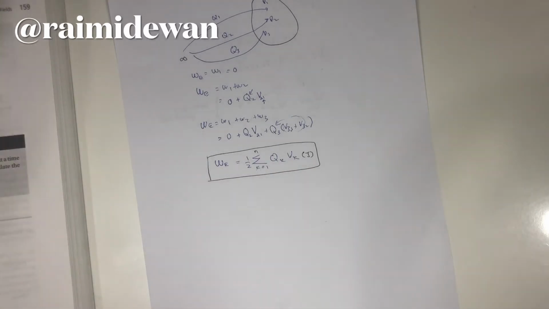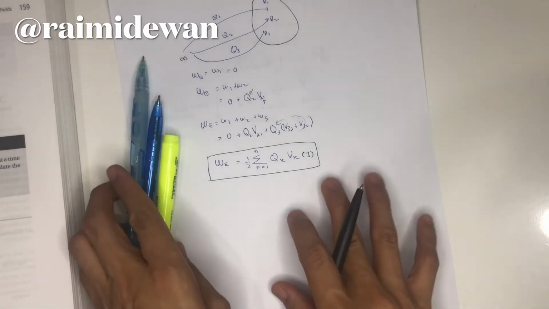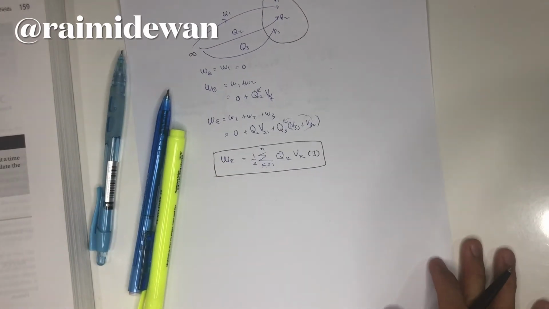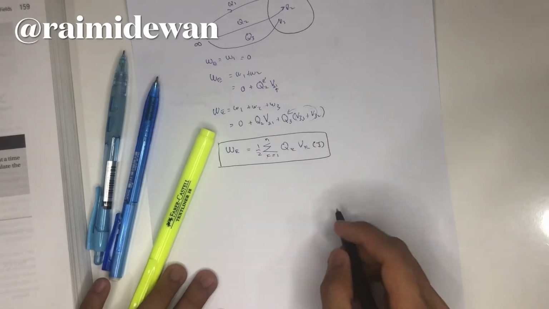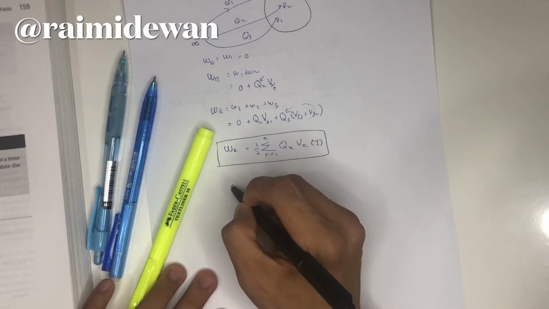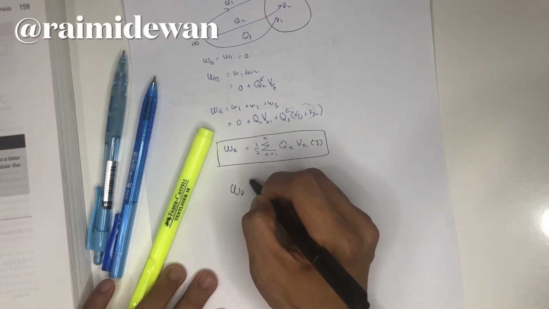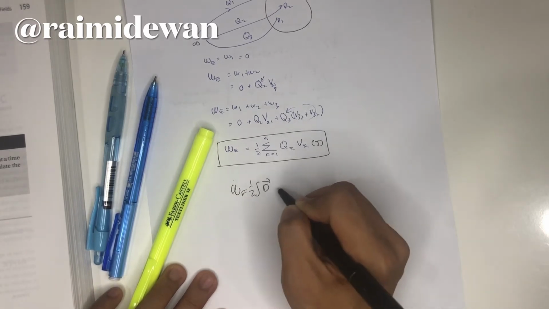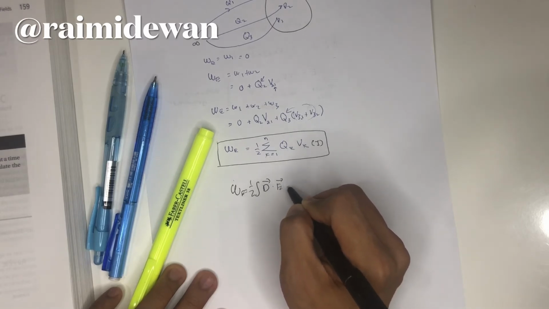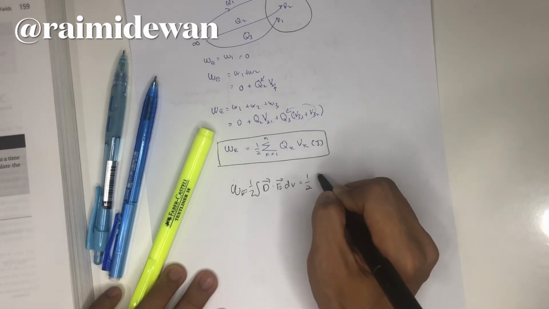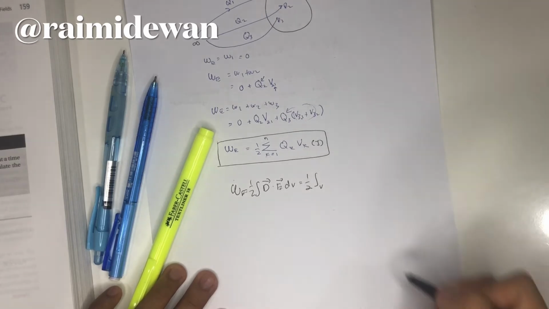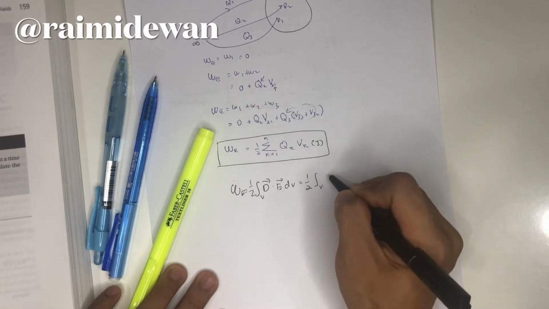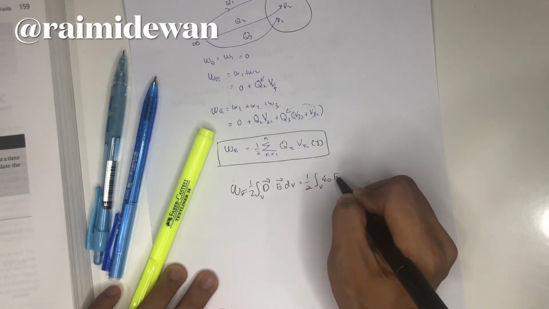So this is the first equation to obtain your W. And then you also have the equation W equals half of the integral of D vector E dV, and you have another equation which is half of the integral of epsilon naught E square dV.